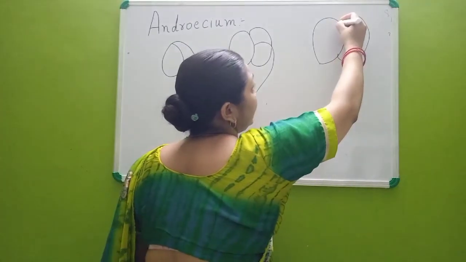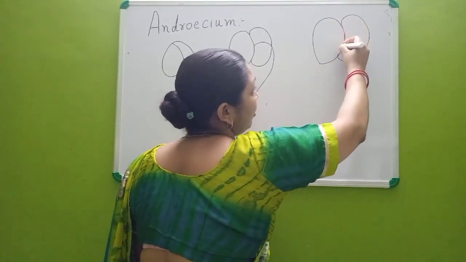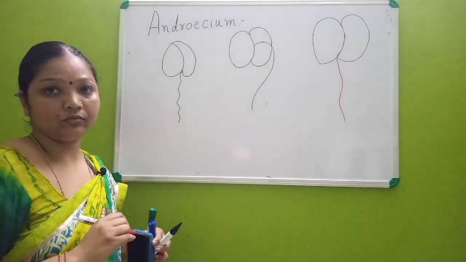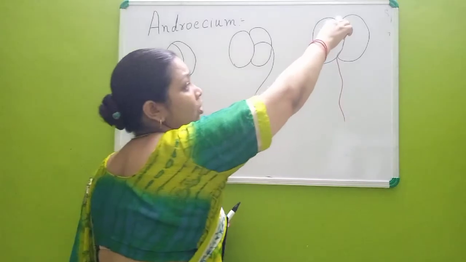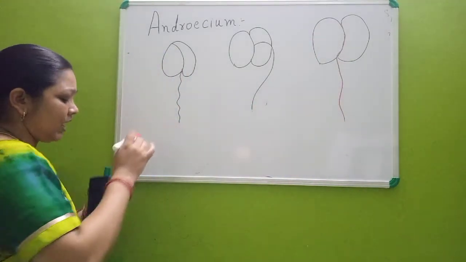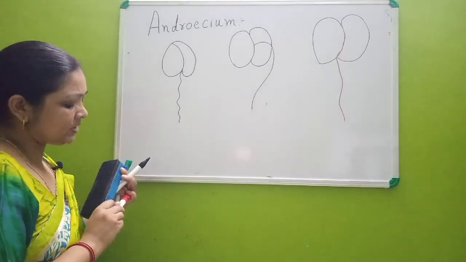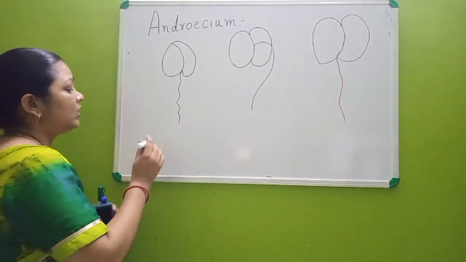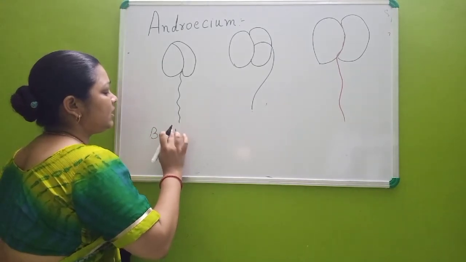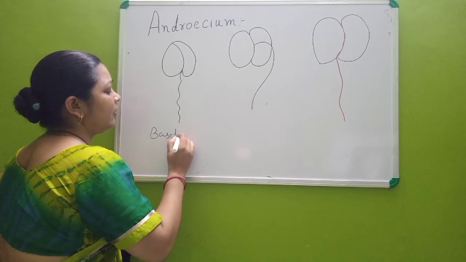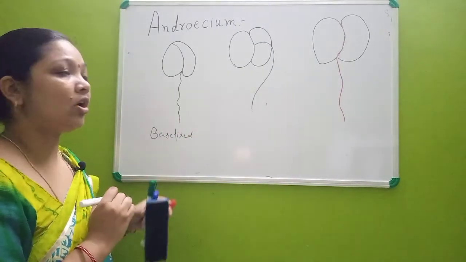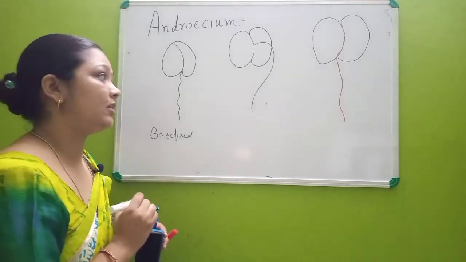It means it is running all around, from here coming until the end. Now this type of anther where the filament is attached to the base only is called basifixed anther.